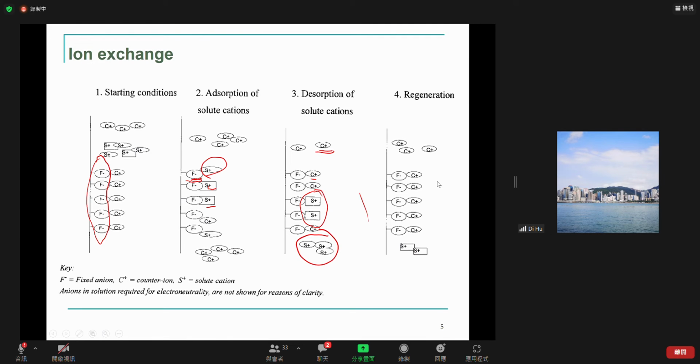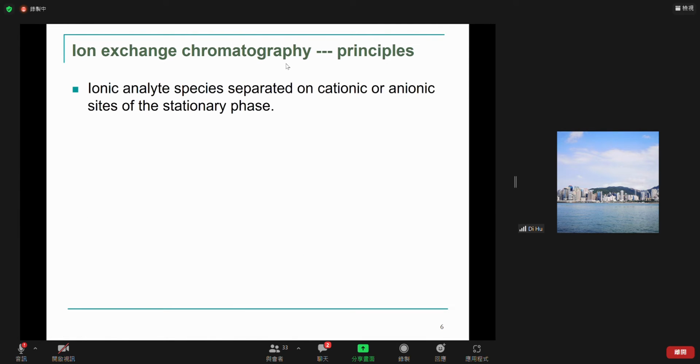Okay, so for ion exchange chromatography, the principle is that ionic analyte species separate on the cationic or anionic sites of the stationary phase. That means the stationary phase should definitely be charged, not neutral, either positively or negatively charged.